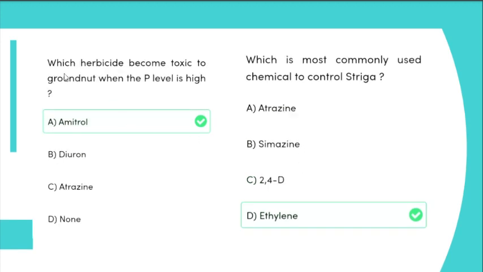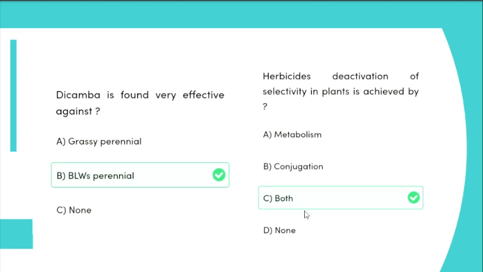Next question, which herbicide becomes toxic to groundnut when the phosphorus level is high? So option number A, amitrole, is true. Which is the most commonly used chemical to control striga? Here option number D, ethylene, is the correct answer. Next question, dicamba is found very effective against, here option number B, BLWs perennial, is the correct answer.